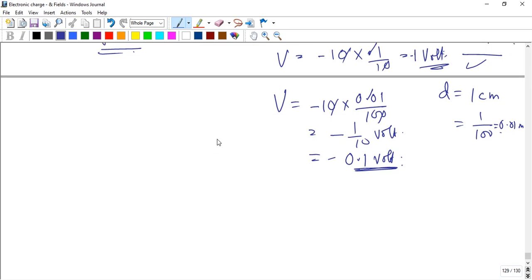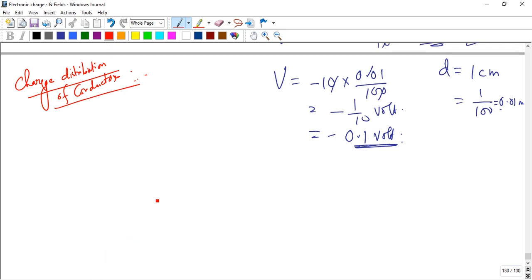Now we discuss another important concept: charge distribution in a conductor. How is charge distributed in a conductor? Suppose there are four possible ways to distribute a charge.